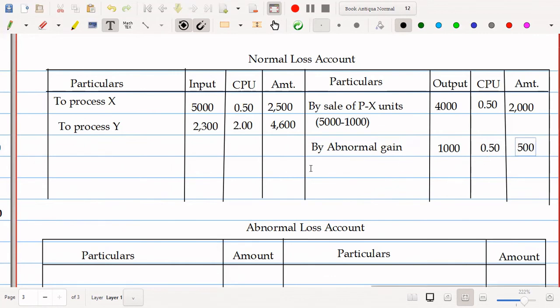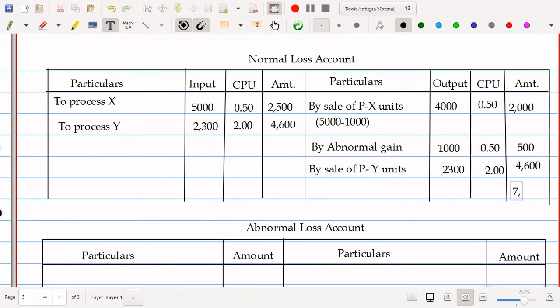And in process Y also we have sold by sale, or by bank or by cash, we can take, of process Y units, that is 2,300 at rupees 2, for an amount of 4,600. So now you have to total it on both sides.